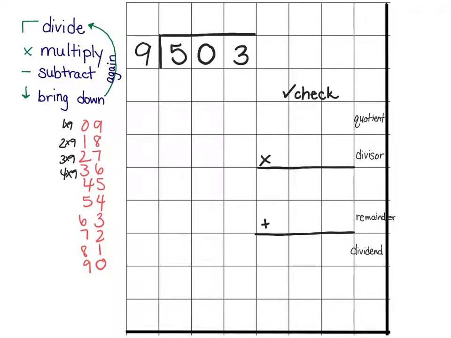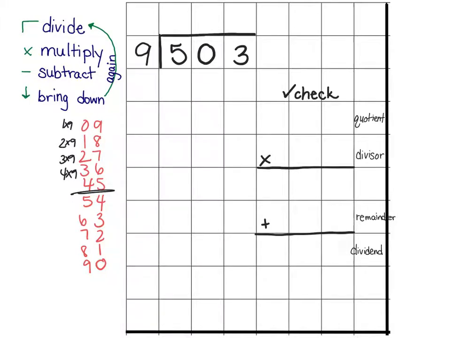Okay, so here, 5. If we only have 5, can we divide it into 9 parts? No, we can't. So we need to look at 50. 50 in our chart is between 45 and 54.